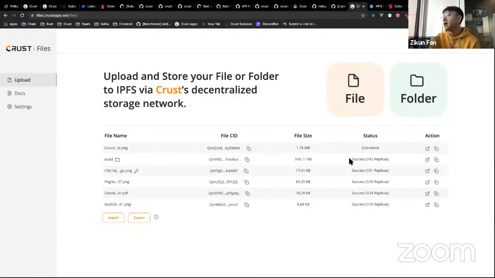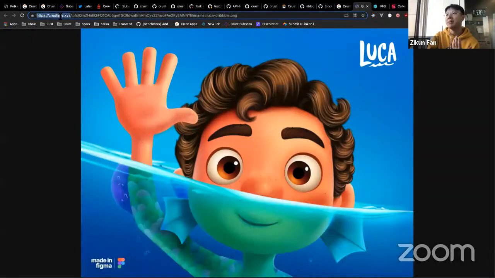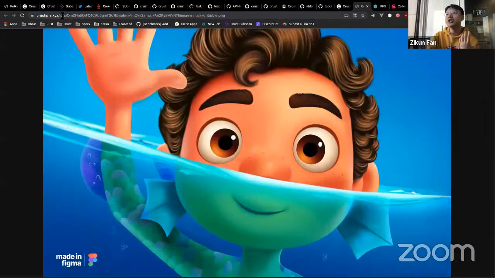And you can see the file I uploaded earlier already has more than 100 replicas, which means in the Crust IPFS decentralized storage network, more than 100 IPFS nodes store the file for you. And once your status becomes submitted, you can just open your file with the IPFS gateway. This is my IPFS gateway, and you can just share the link to everybody.